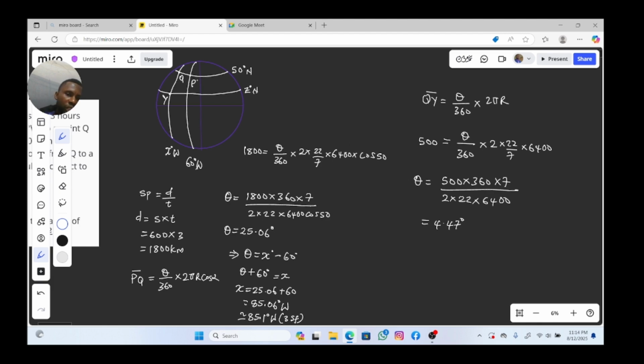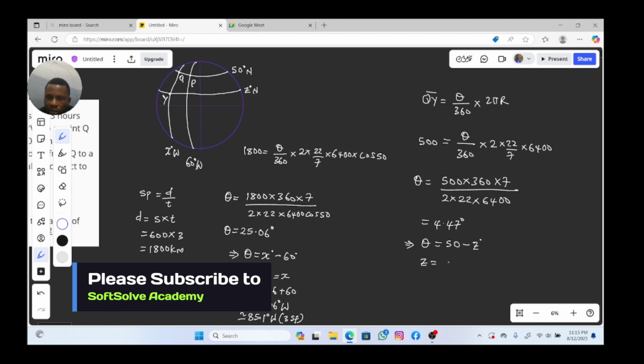Now if we check our diagram, along this x degrees west, the two locations there are Q and Y. So for Q we have 50 degrees. Now we have to use it to find the lower one, which is Z degrees north. So this implies that theta is equal to the bigger one, which is 50, minus the smaller one, Z degrees. So Z degrees will be equal to 50 minus theta.